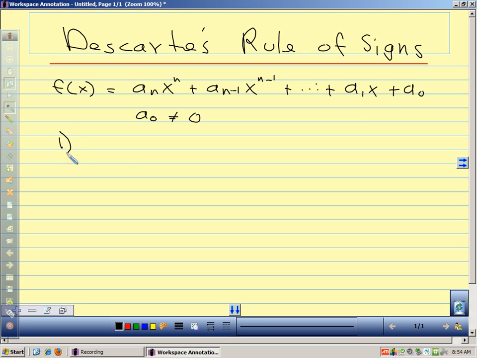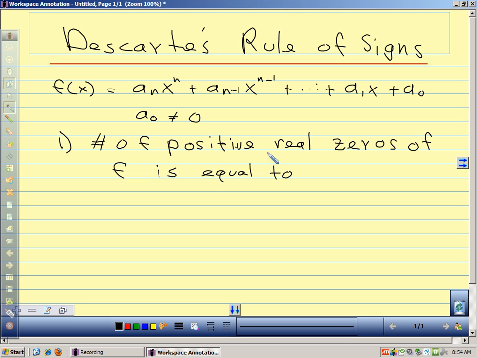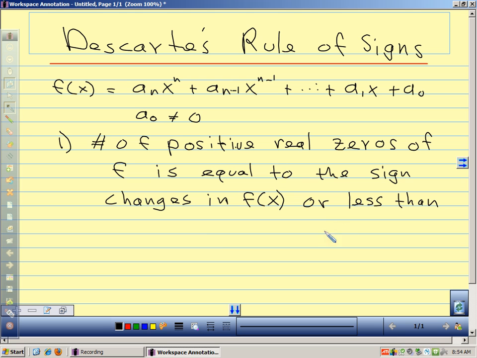Descartes' rule of signs tells us several things. The number of positive real zeros of f is equal to the number of sign changes in f of x, or less than that number by a multiple of 2.